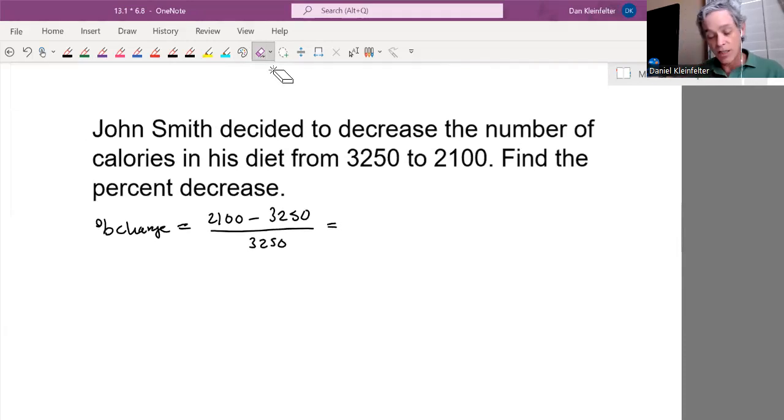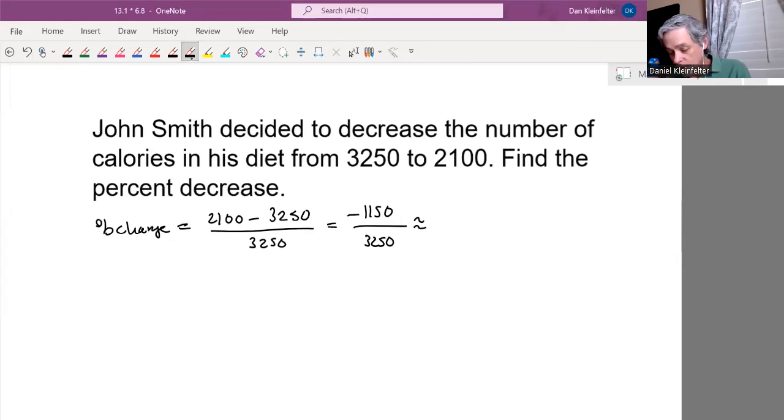I lost the first digit there. And that's out of his original amount, which was 3,250. That's about a 35% decrease.